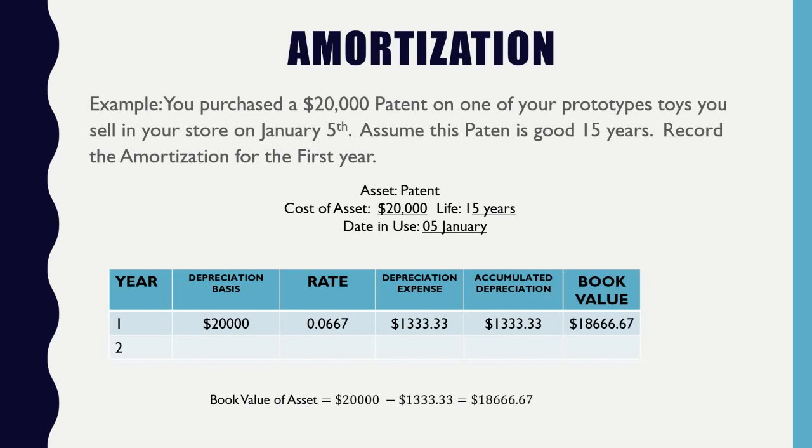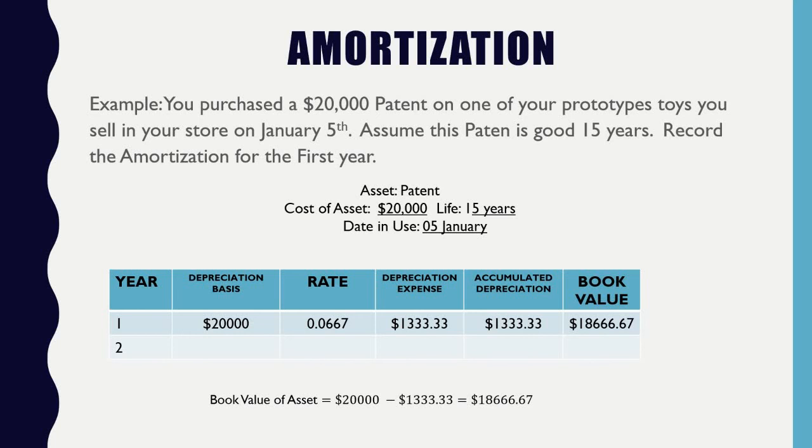And of course, we're going to have to mark it down because every year that we have the patent, it starts to lose its value over time, because you're spreading its life, right? It expires at the end of its life. And it doesn't stay at $20,000, right?